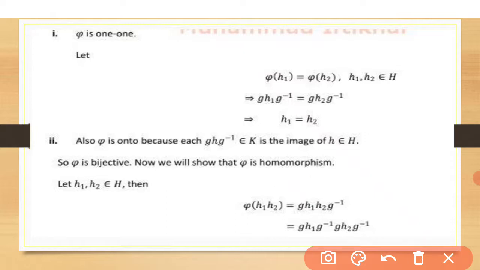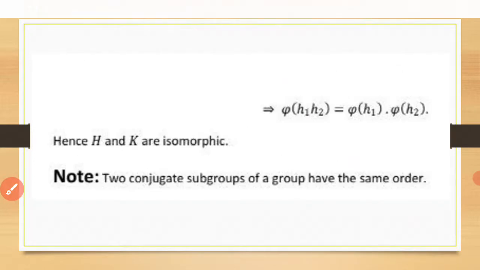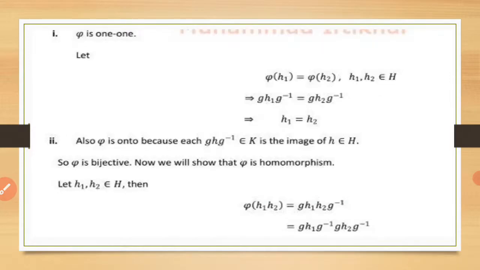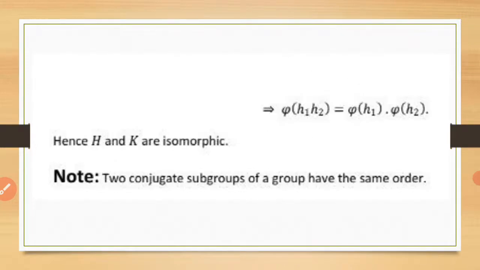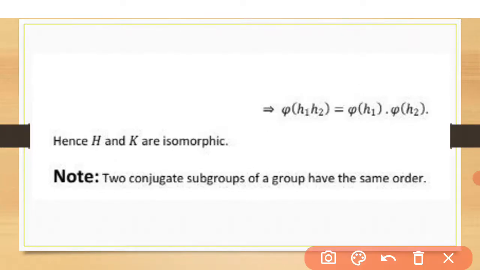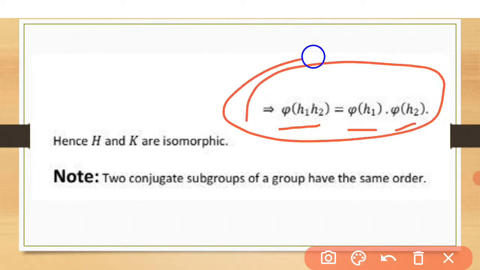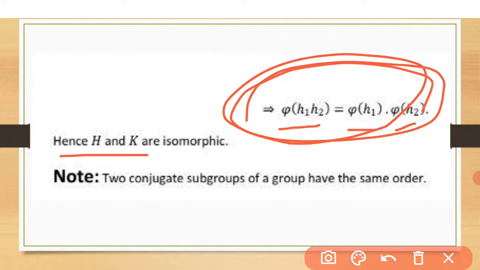So g h1 g inverse will be phi of h1, and g h2 g inverse is phi of h2, hence proved that it is a homomorphism. Phi of h1 h2 is equal to phi of h1 times phi of h2. This is the condition for homomorphism. Hence H and K are isomorphic.